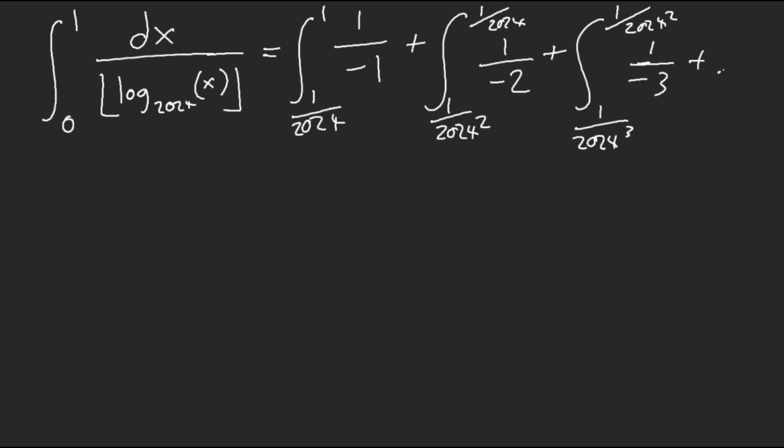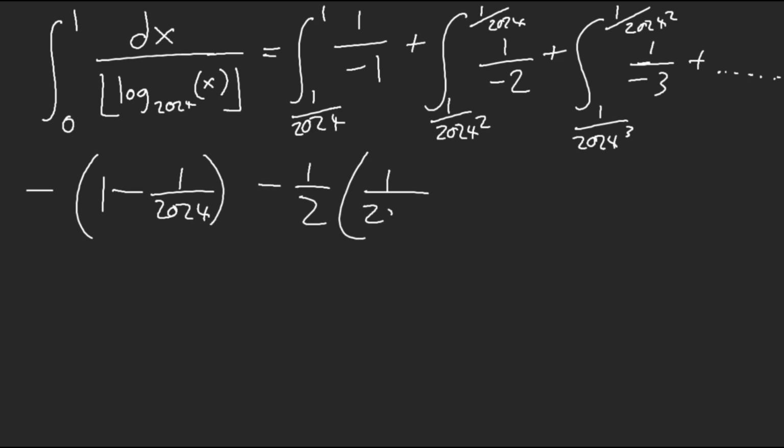And this continues, again, infinitely, all the way to, well, you'll never reach 0. So what we have is negative 1, okay, 1 minus 1 over 2024 minus a half of 1 over 2024 squared, and minus 1/3, etc.